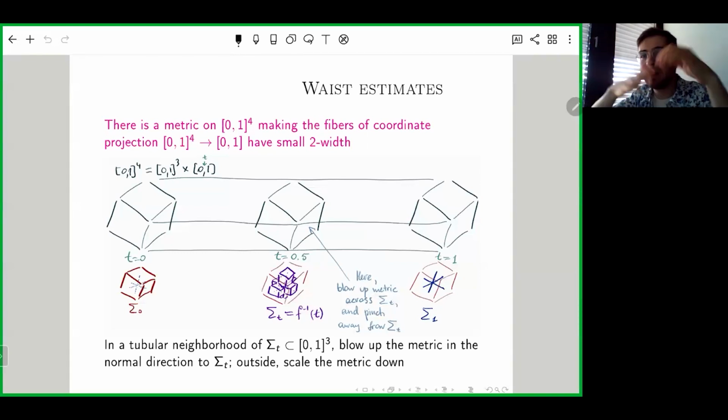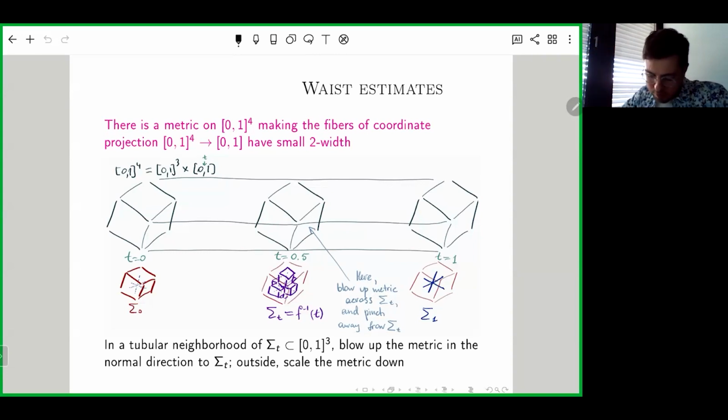But we also did this blow up in the normal direction. So intuitively we'll have this normal three cube, but also its neighborhood blown up in the normal direction. So it will have large three-width. So that's my attempt to sketch this example.